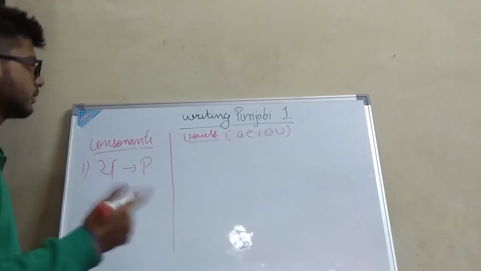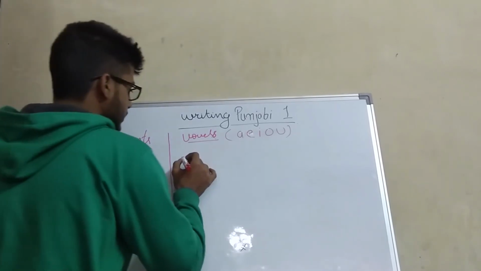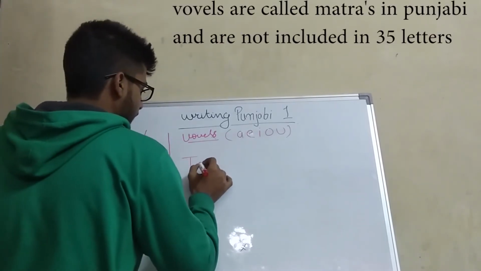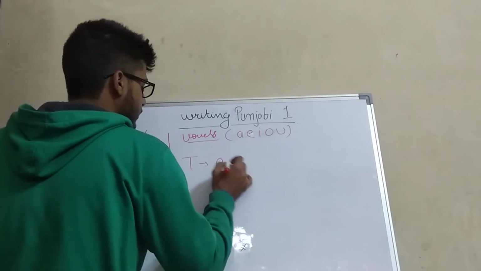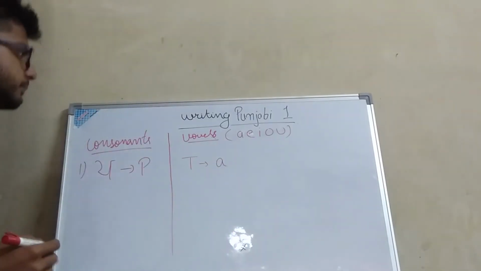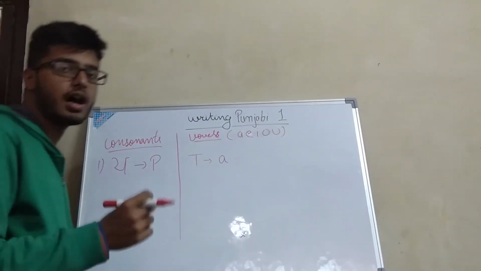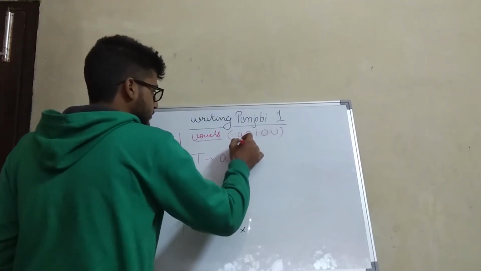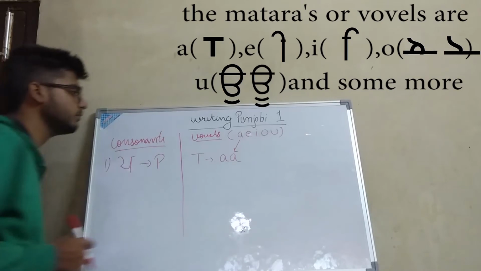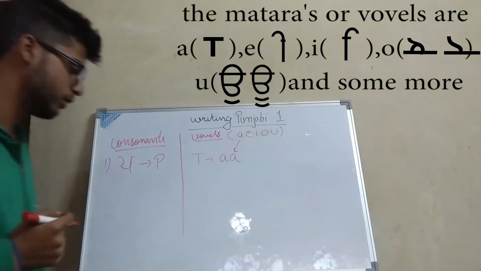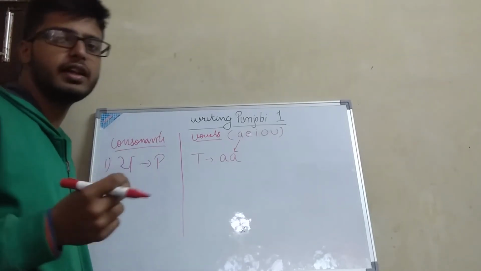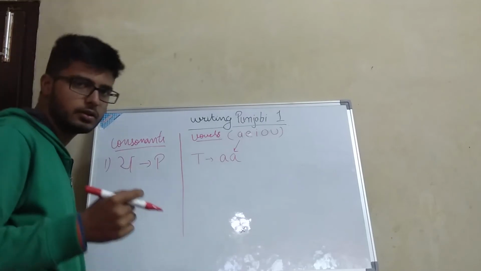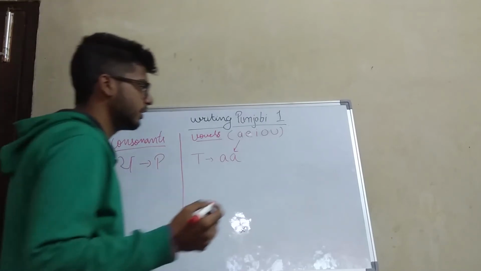So the first vowel that I am going to teach you is Kanna, and it has the sound similar to the English A. Its sound is A, or I must write double A. So I have a good news for you, as the A in English produces many sounds.